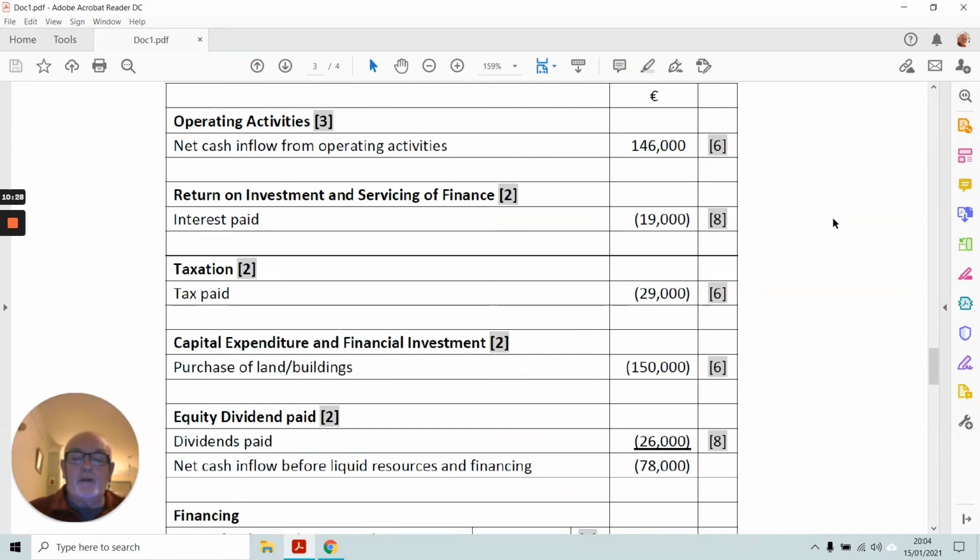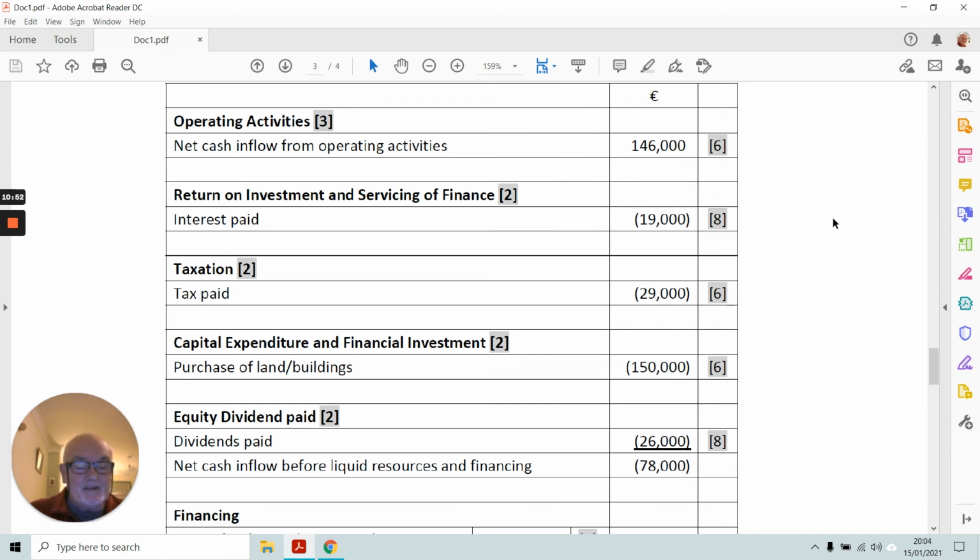Next subheading is return on investment and servicing of finance, and essentially that just boils down to how much interest did you pay. And we saw earlier in the P&L account that this firm paid €19,000 in interest. Then our taxation, the tax paid was 29,000. Be careful with that. It's not the taxation in our P&L appropriation account.